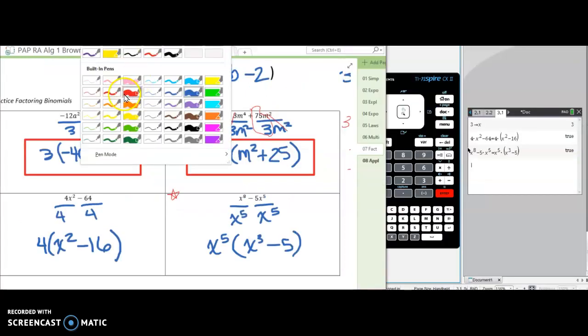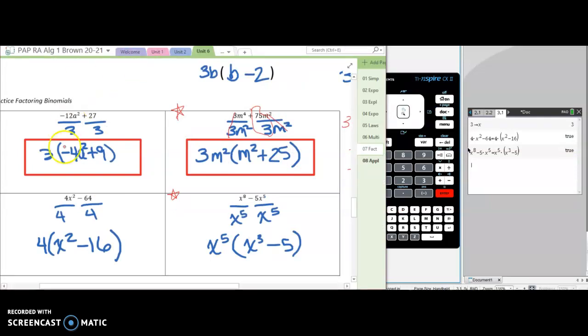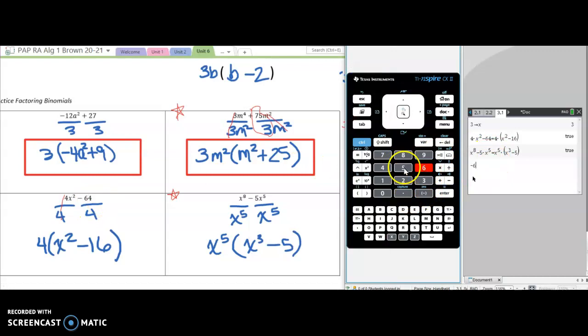Okay, y'all. So we have 4x squared minus 64. You can divide both of those by 4. That's the greatest common factor. When you do, 4 divided by 4 is that 1, right? And so we're left with x squared. X squared comes down and goes inside the parentheses. We divided by 4, so it goes outside the parentheses. Negative 64 divided by 4 on our calculator is negative 16.